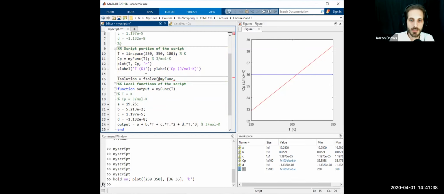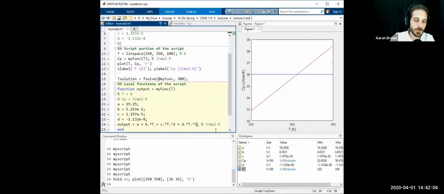If I look at the plot on the right here, it looks like that value ought to be somewhere around 300. So I'm just going to guess 300. It's probably somewhere close to 300, but I'm going to let the fsolve function actually find the value that I'm interested in. And then I also need to modify my function to make sure that it's in root finding form. Right now, the function is outputting the heat capacity directly. I don't want it to output the heat capacity directly.